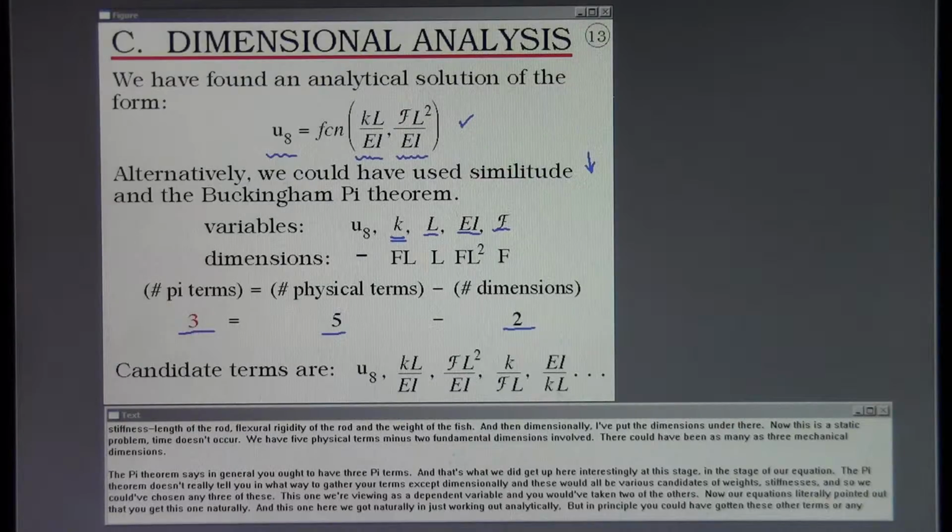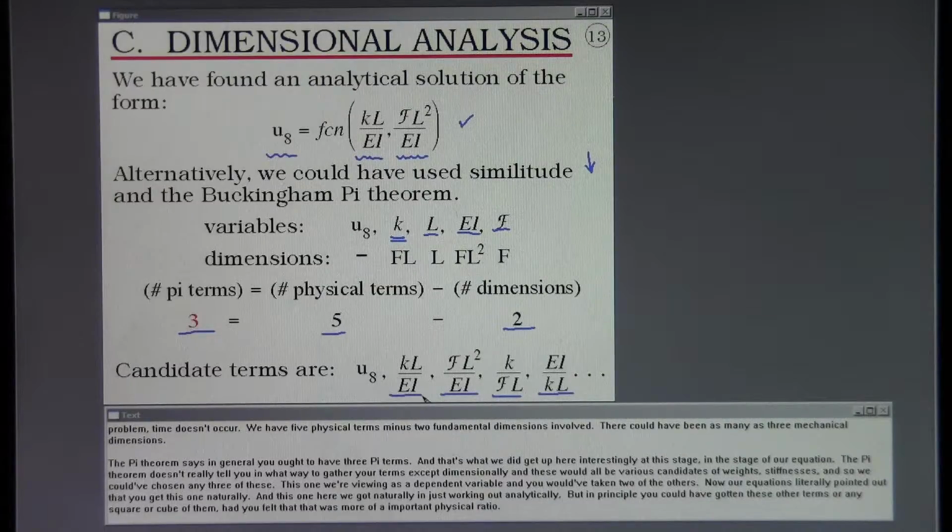The pi theorem doesn't really tell you in what way to gather your terms except dimensionally, and these would all be various candidates of weights, stiffnesses, and so we could have chosen any 3 of these. This one we're viewing as a dependent variable, and you would have taken 2 of the others.